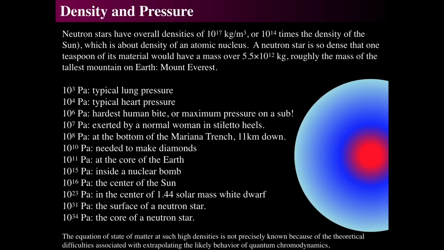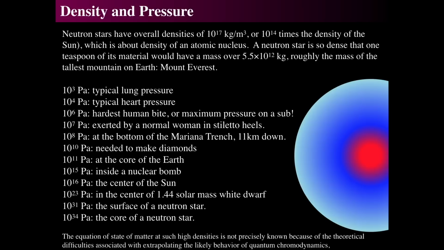So it's all very theoretical, and you have to take into account quantum chromodynamics, general relativity, lots of things in order to actually understand what's going on, the strong nuclear force. And it just is a real mess to try to understand what's happening down there. So the equation of state and exactly how they go is not well known. We don't have it like we had in the previous lecture for white dwarfs approaching the Chandrasekhar limit.